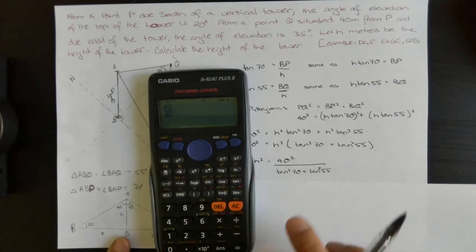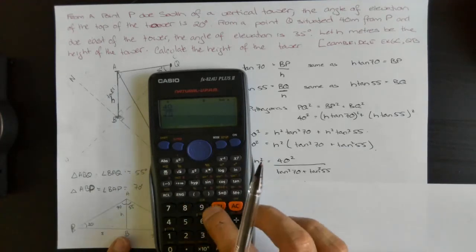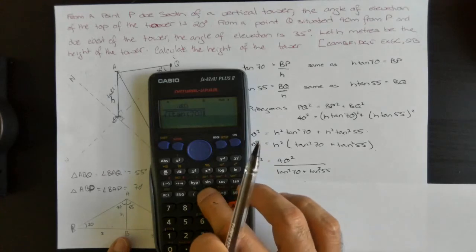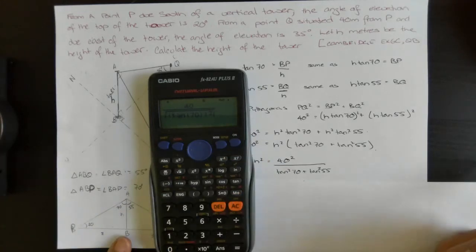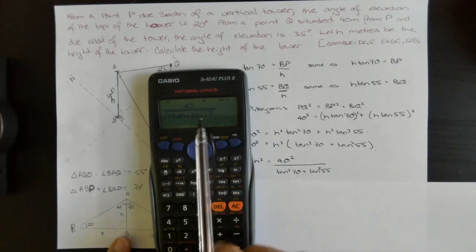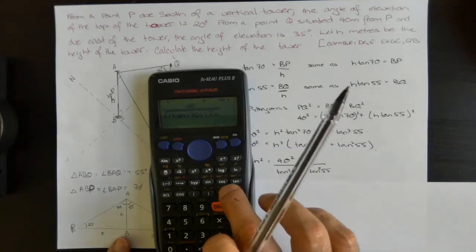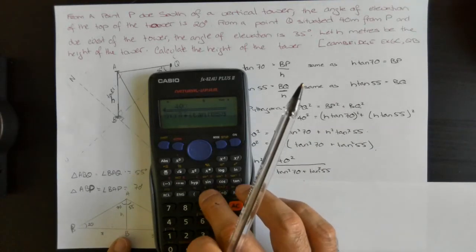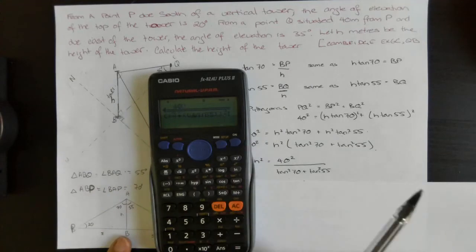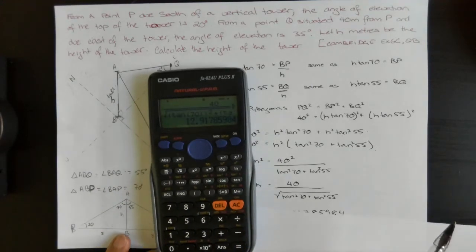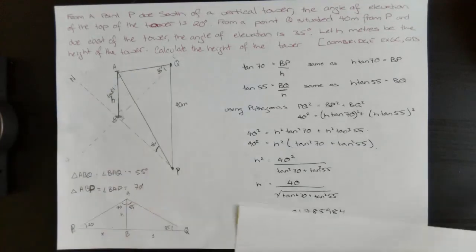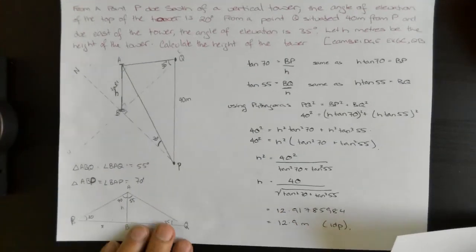And the square root of tan 70 all squared, note how I've written it into the calculator, plus tan 55 all squared is 12.91785. And to one decimal point that is 12.9 meters.